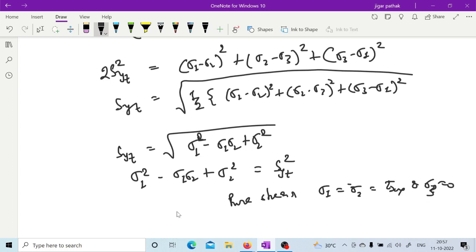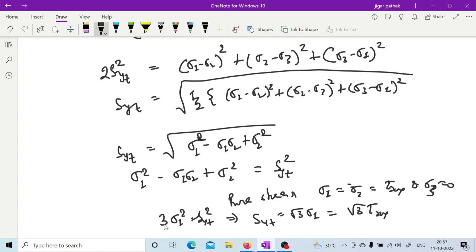If you put these values in the above equation, sigma 1 is equal to minus sigma 2, it means 3 sigma 1 square is equal to SYT square, which gives SYT is equal to root 3 sigma 1, where sigma 1 is tau xy. So this is how you have SYT is equal to root 3 tau xy, right?